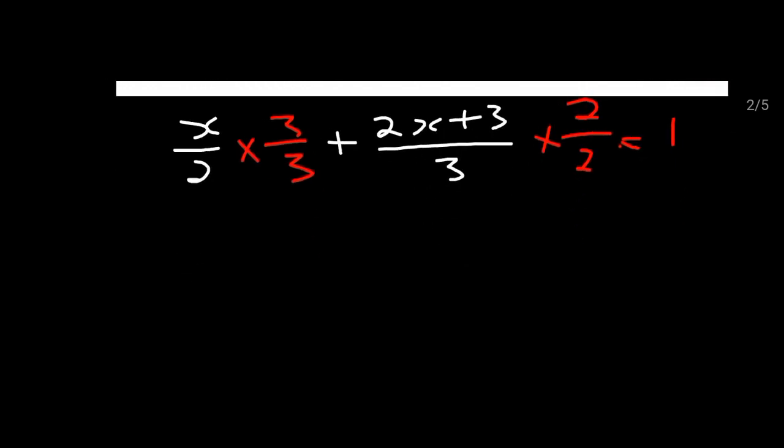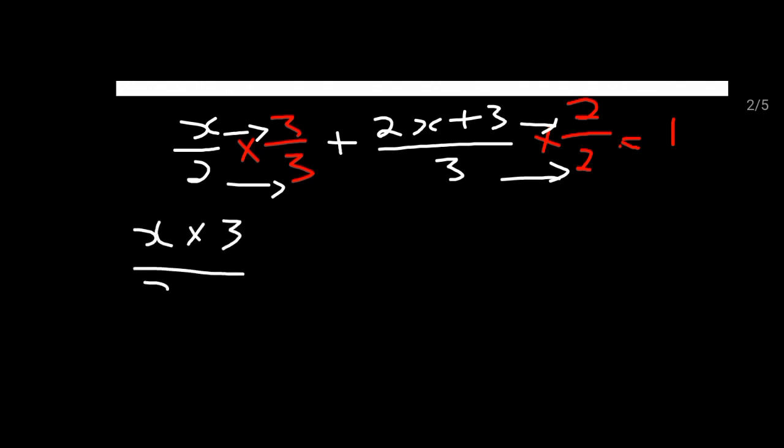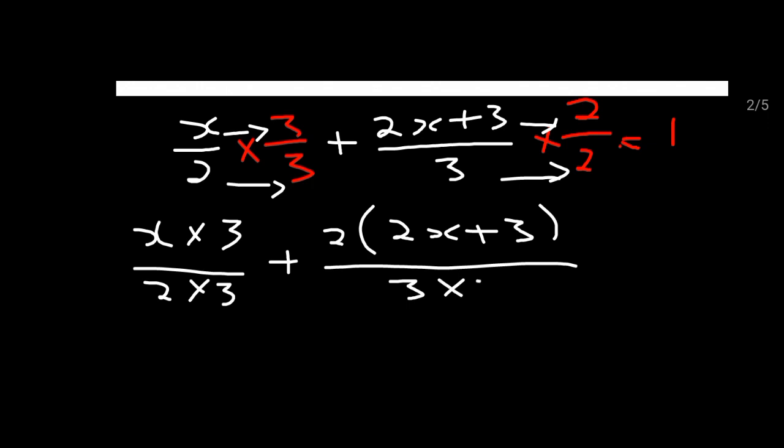Okay, so now we multiply like this horizontally: x multiplied by 3 over 2 multiplied by 3, and then plus 2 in brackets, we get 2 into 2x plus 3 over 3 multiplied by 2.